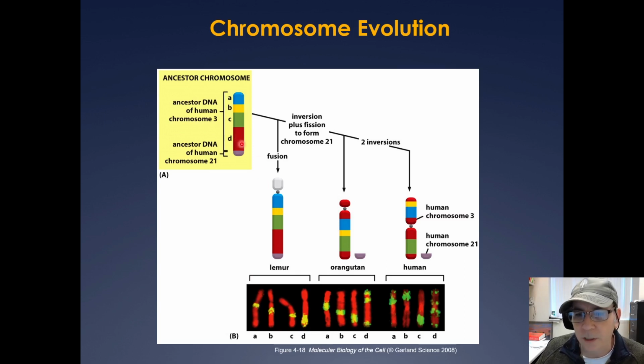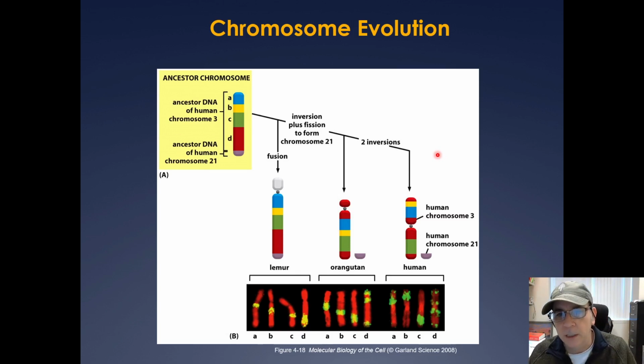You can go through this yourself, but we'll just look at the C region. So here's the C region stained in the ancestor chromosome. Here it is in humans. And here's the C section in orangutan and the C in the lemur. So you can follow those around.